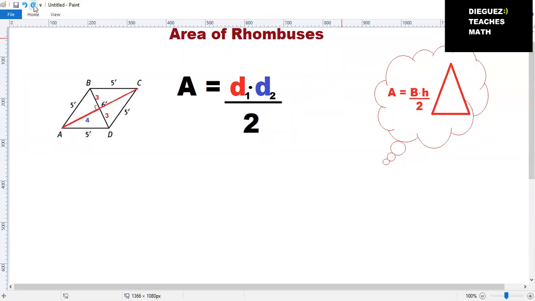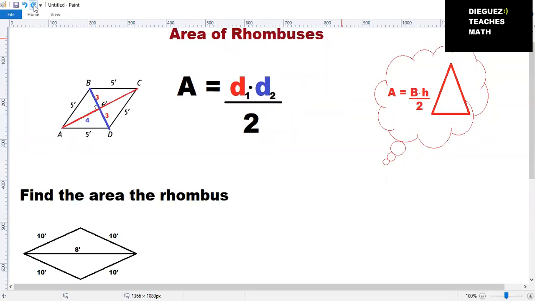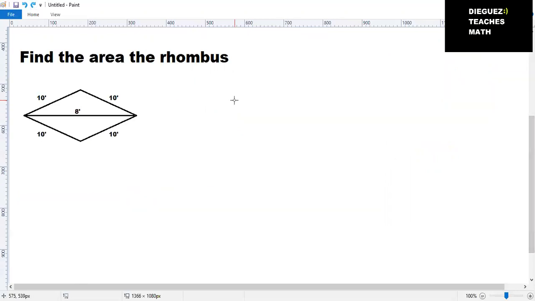I'm going to move on to an example so we get to practice. Down here I have: find the area of the rhombus. The first thing I notice is that this is 8, which means that if I add my other diagonal, it's going to slice that in half, so 4 and 4.